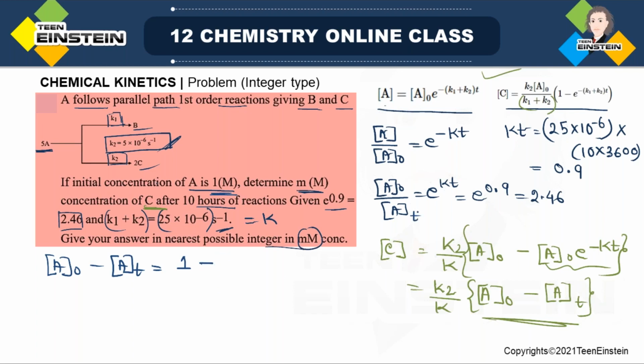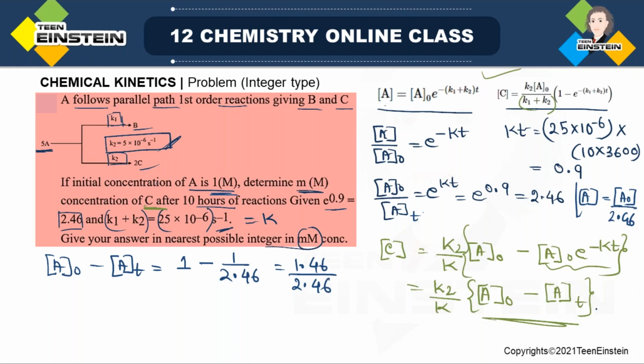And in place of A, see from this equation, A is basically A naught by 2.46. Now A naught is 1, so it will be 1 by 2.46. So ultimately it will be 1.46 divided by 2.46. Okay.